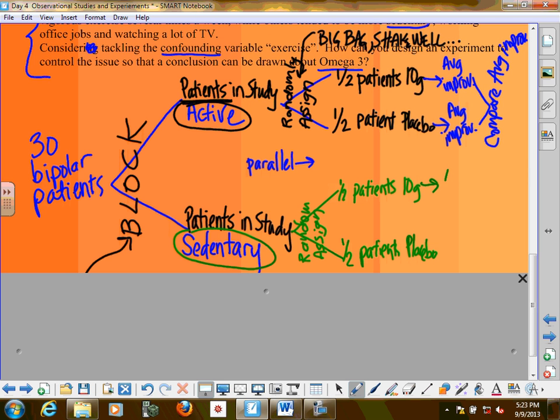We're going to get average improvement here, average improvement, and then compare their average improvement. The only difference between these two groups is that they took the 10 grams. They are both sedentary groups. They just take the medicine or take the placebo.